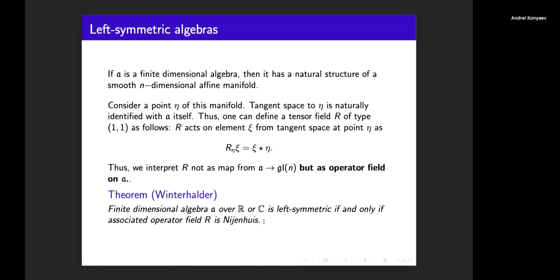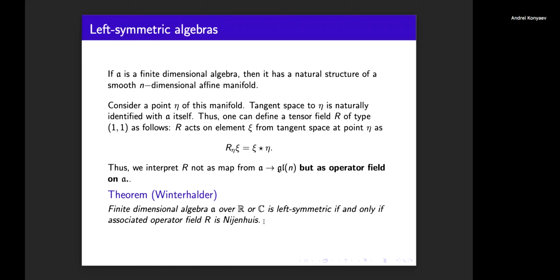Now what do we do next? Next, we consider a point eta on this manifold, and again, the tangent space at this point is naturally associated with the algebra. This means that it is an affine space where you can relate all the tangent spaces using the canonical affine connection, which in our coordinates is obviously 0.